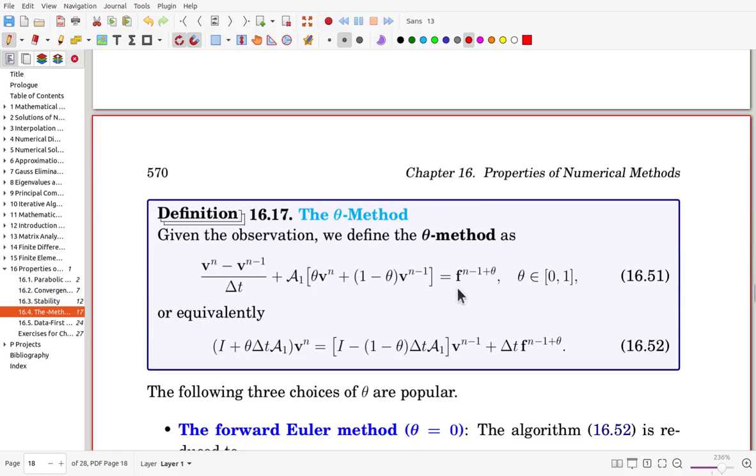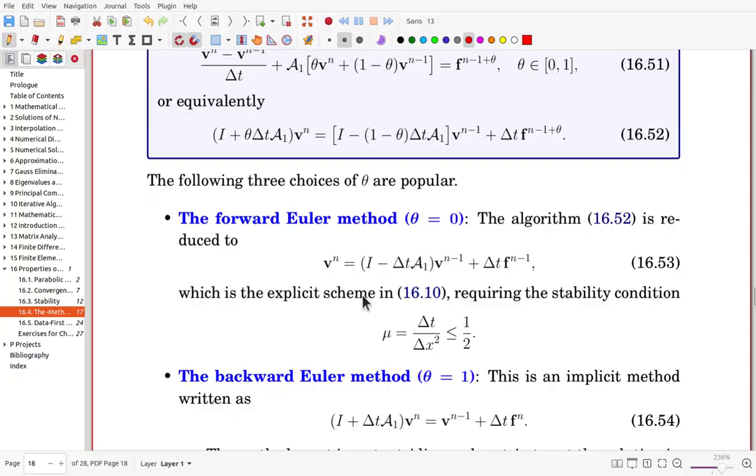Here, the right-hand side is also evaluated at the corresponding level. This can be rewritten in this form. First multiply by delta t, and then move the unknown V^n to the left-hand side and the known values to the right side. So we have this equation.